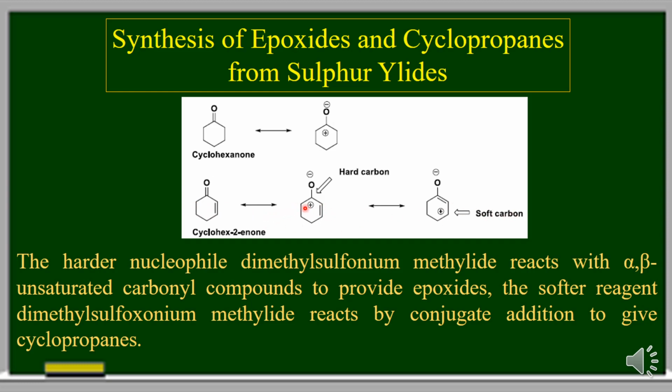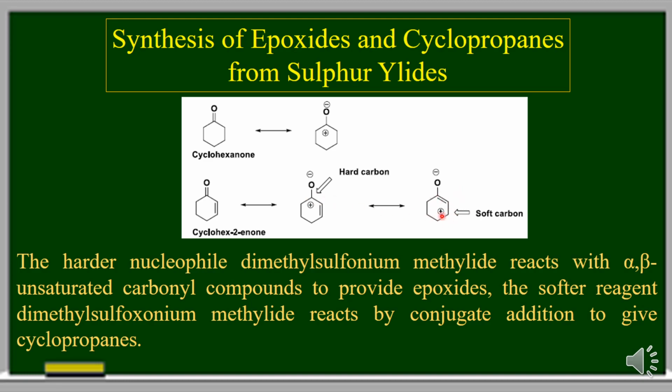In one of these two resonance structures, we find positive charge on the carbonyl carbon. As this carbonyl carbon is directly connected to the electronegative oxygen, it has a higher concentration of positive charge. Since the charge concentration is more here, it behaves as a hard acid.